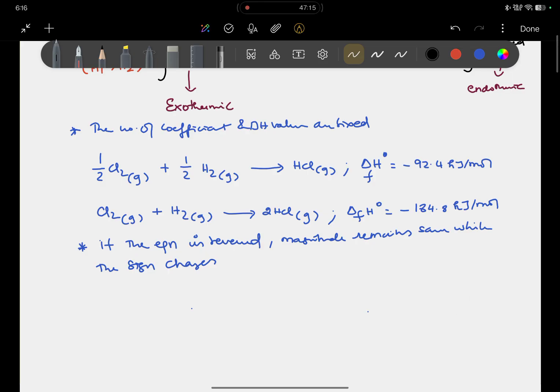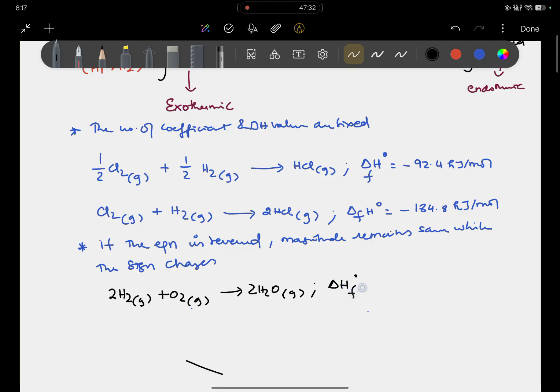What do you mean by this? Let me write an equation and explain. 2H2 gas plus O2 gas gives you 2H2O gas.